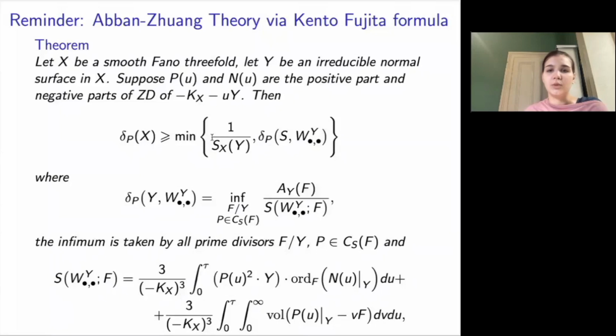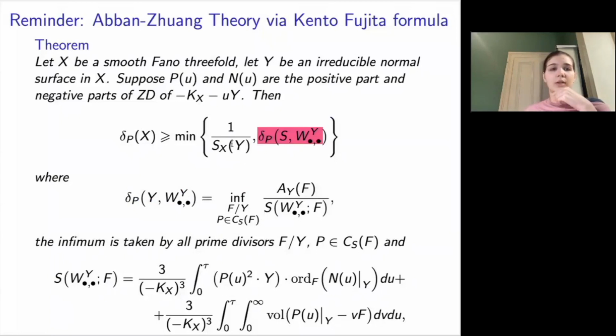And in order to do that, we need to know two numbers. The first one is 1 over S invariant, and the second one is the delta from filtration, where delta should be computed as the infimum of log discrepancies over SW integral for the prime divisors over this surface.